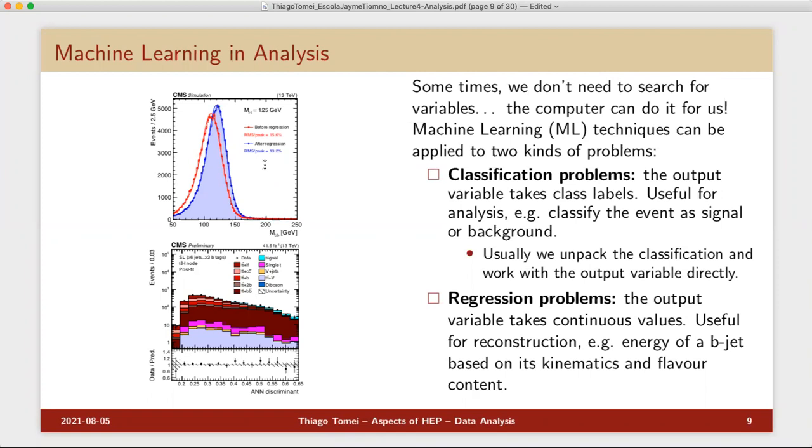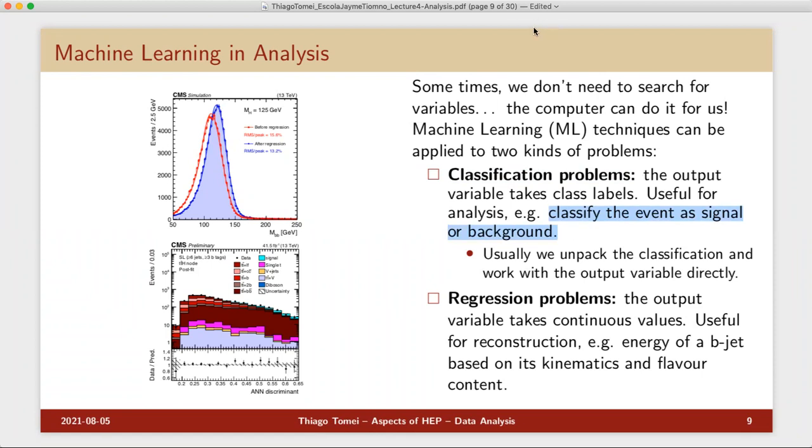And this is machine learning. And it works, okay? Machine learning is extremely extensively applied in high energy physics these days. And there are the two things that I just said. You can have classification problems. For instance, say that the event is signal or background.